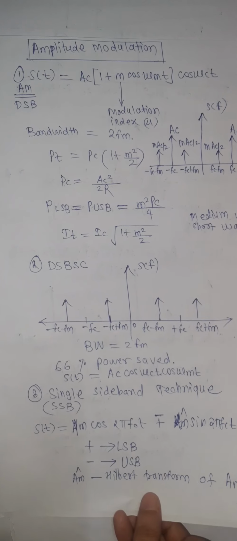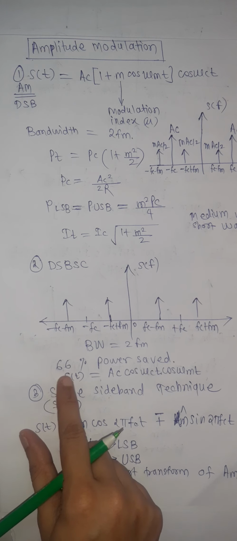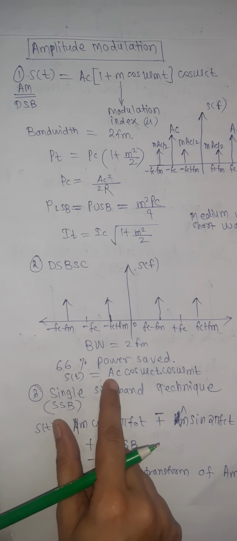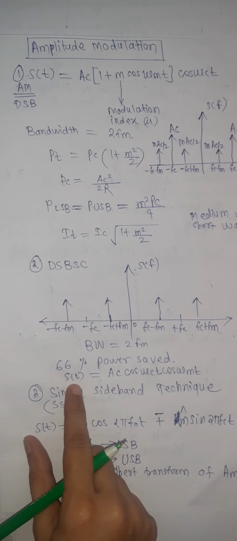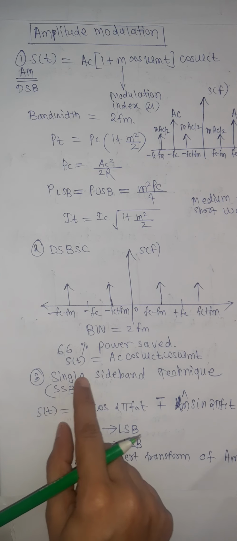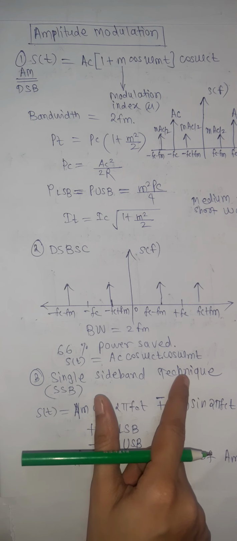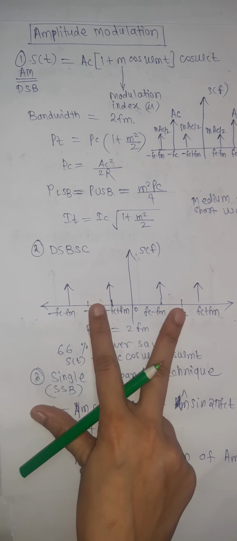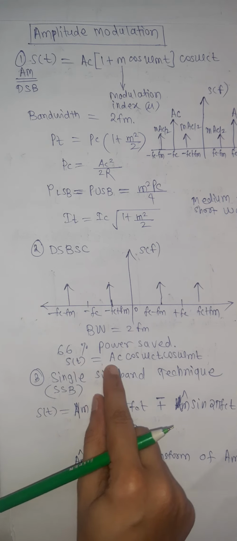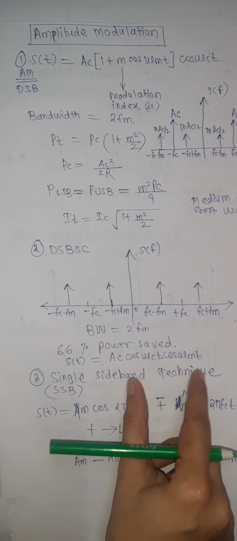For DSBSC bandwidth is 2 fm, and in DSBSC modulation 66% power is saved, and it can be denoted by the equation S of t is equal to Ac cos of omega c t cos of omega m t. As the carrier signal is suppressed, we can easily write S of t is equal to Ac cos of omega c t cos of omega m t.